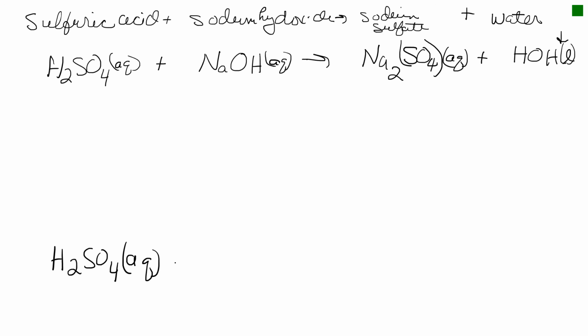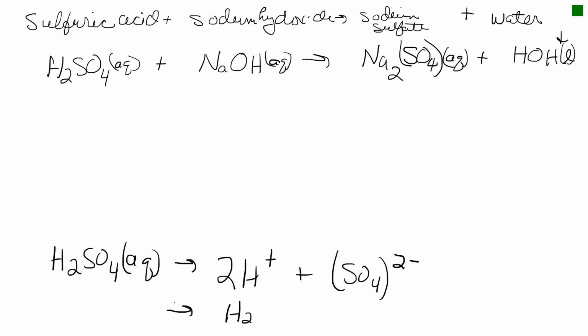So when this dissolves, this breaks up into 2 hydrogen ions and 1 sulfate, 2 minus ion. So this is not H2 plus. That does not exist. Okay? So we have 2 H pluses.